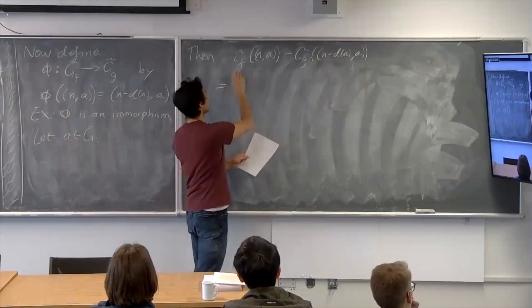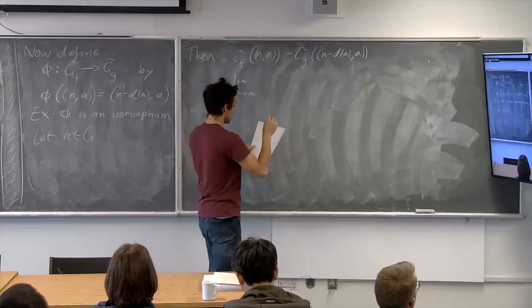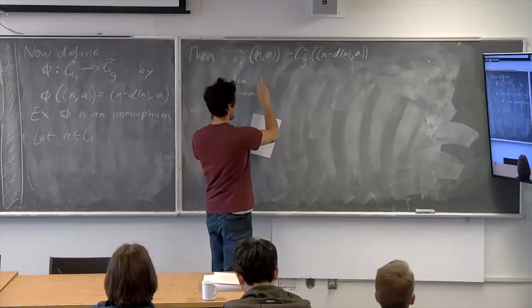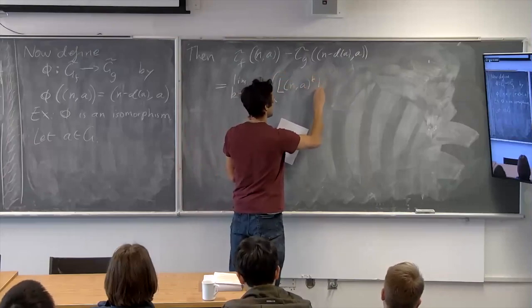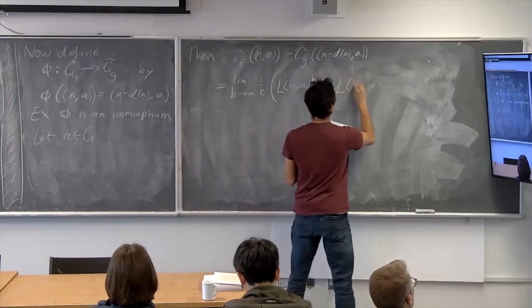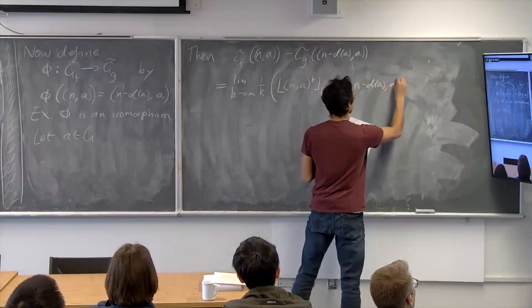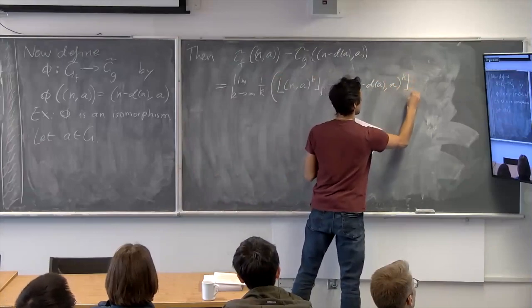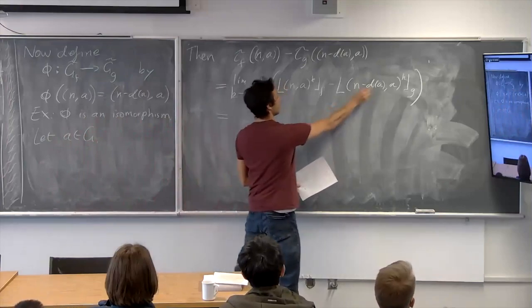So this is equal to the limit as k tends towards infinity of 1 over k, and A to the power of k with respect to F, minus the floor of n minus dA, A to the k with respect to G. But this is just equal to phi of n comma A, right?